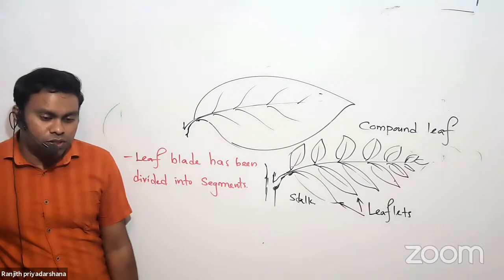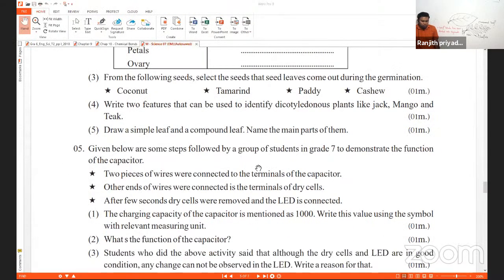Now I'm moving to the paper. Name the parts of the simple leaf as well. We forgot it. So this is the leaf blade. They may be expecting all the parts.